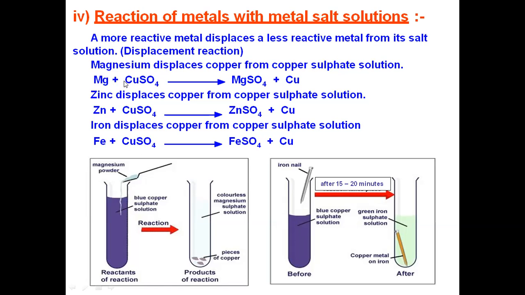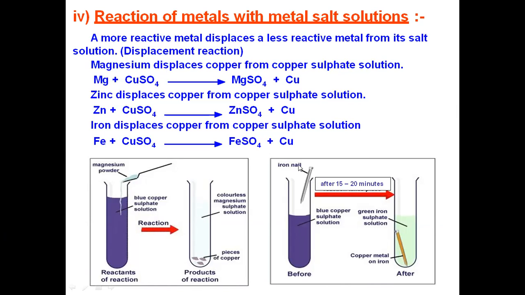The position of copper will be occupied by the magnesium, and copper sulfate becomes copper, magnesium becomes magnesium sulfate. Once the magnesium sulfate is formed in the test tube, the blue color of the copper sulfate disappears and we get a colorless solution.